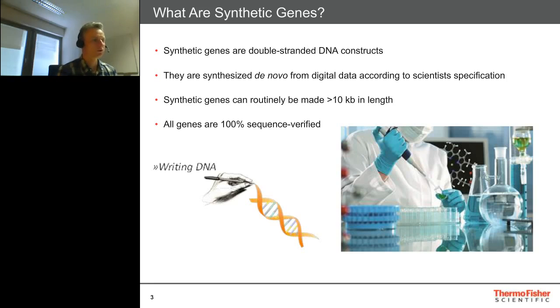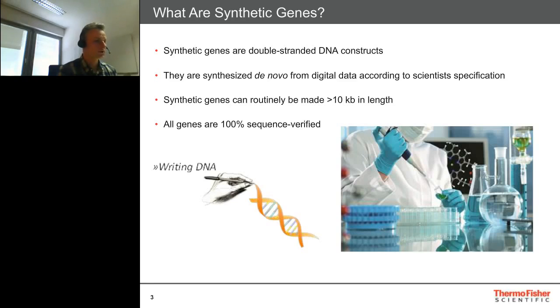We can go longer, but that's not a routine order then. It's a specific order, but we can go longer for sure. And all genes come 100% sequence verified, obviously. If needed, we can optimize those, and I'll come to that in the next slides.